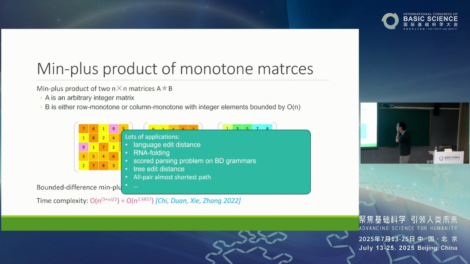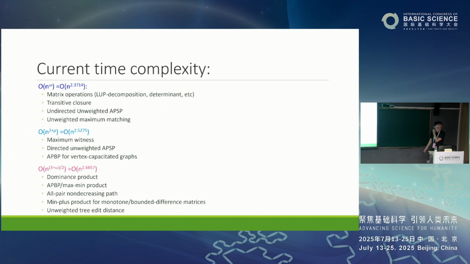So these monotone matrices and bounded difference matrices have lots of applications. I have proved that all of such problems can be accelerated by this problem, the min-plus product of monotone matrices. So we can see this algorithm now has running time like n to the omega, and this problem has running time like 2 plus mu.